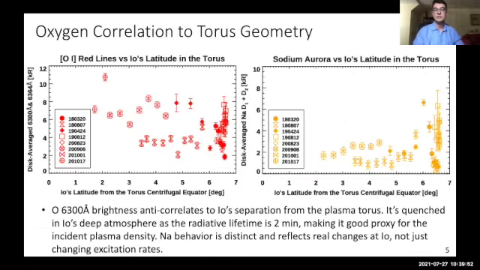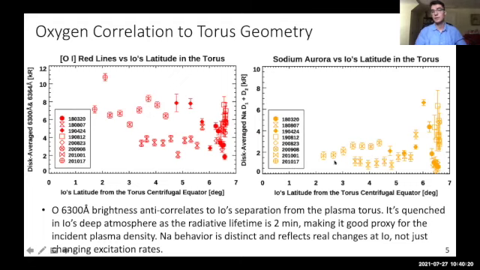We find that oxygen actually correlates, or anti-correlates, I suppose, with a negative trend to the latitude of the torus geometry. So as Io gets closer to the center, or the centrifugal equator of the torus, it gets brighter, and as it goes further, it gets darker. Sodium, on the other hand, does not exhibit such behavior.